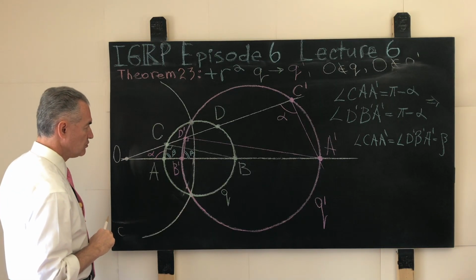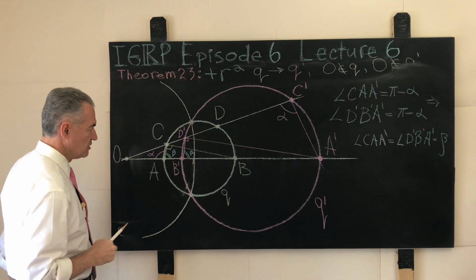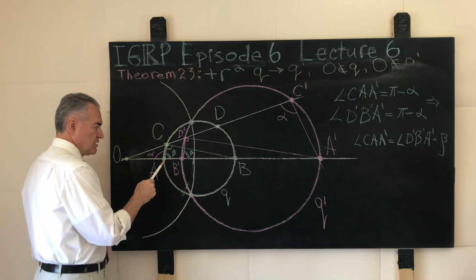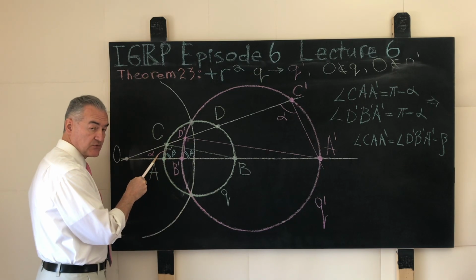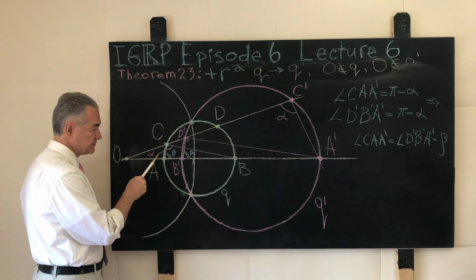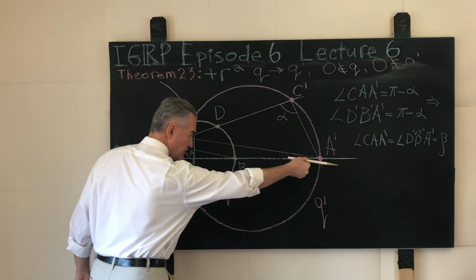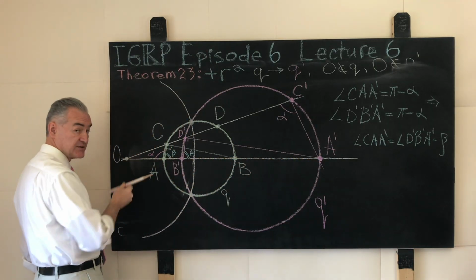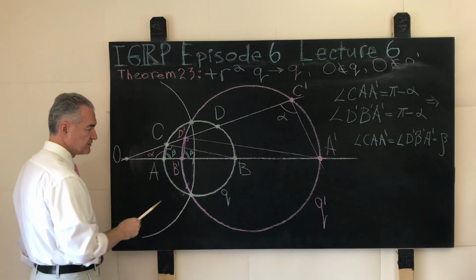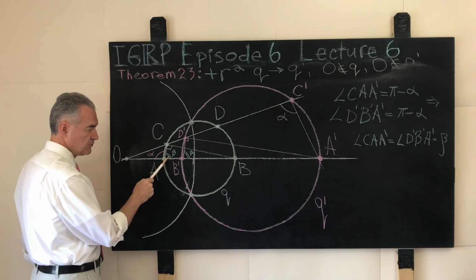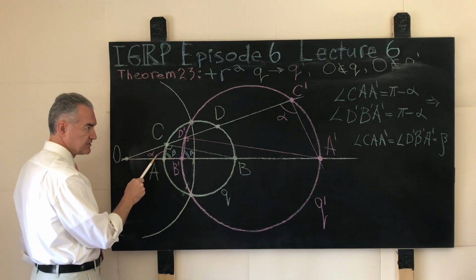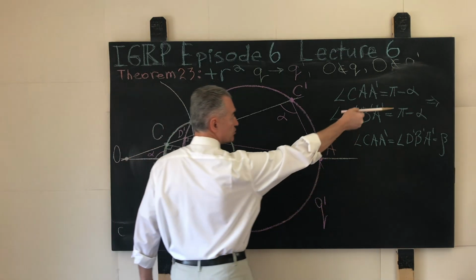Now we observe the following. The angle that sits on the other side of the angle alpha is what? It is the angle that completes the straight angle, because the angle at A prime in the straight line is straight, pi radians. So this angle over here, which I designated as beta, is basically pi minus this angle alpha. This is captured over here.